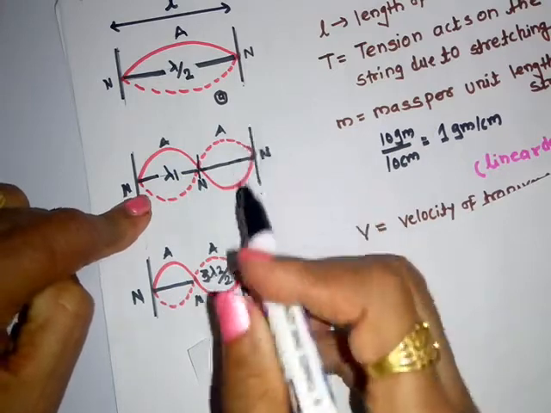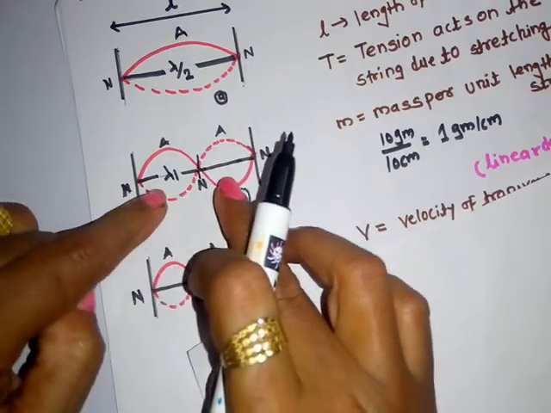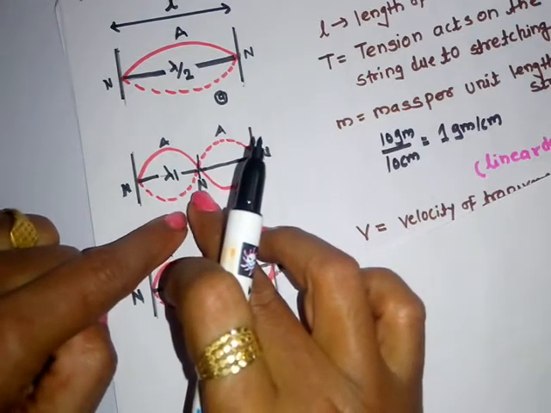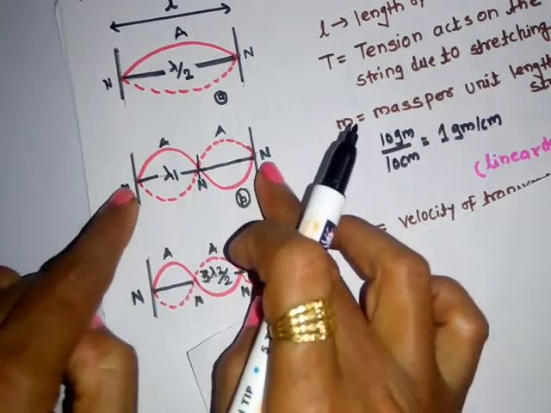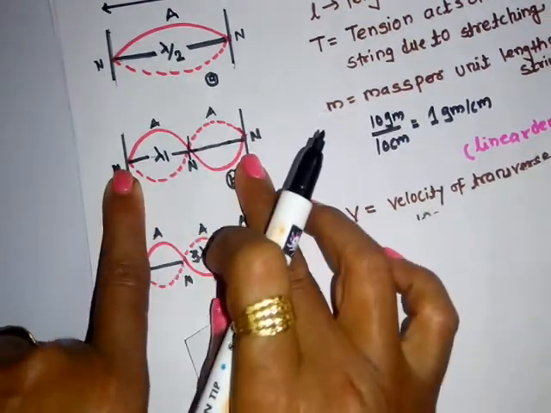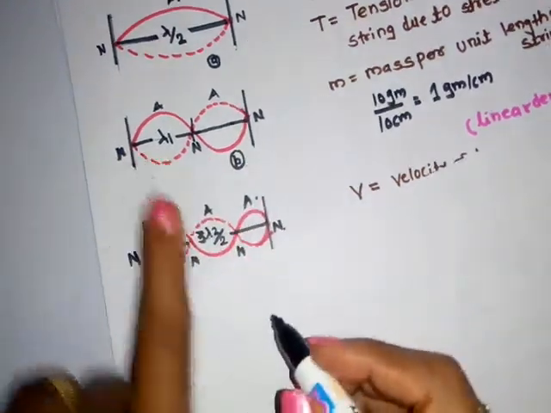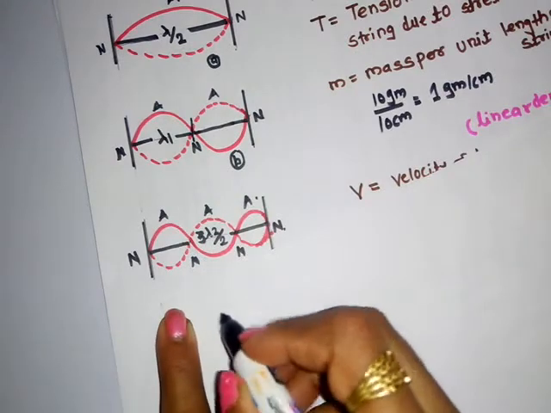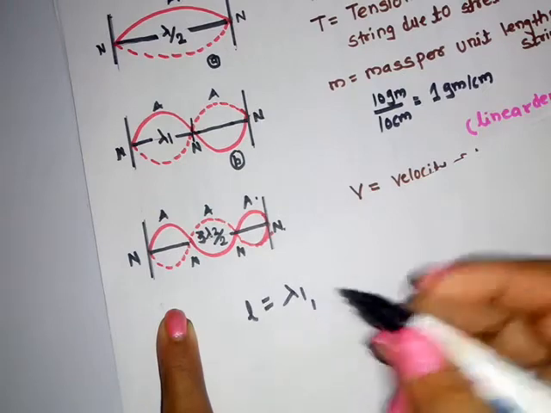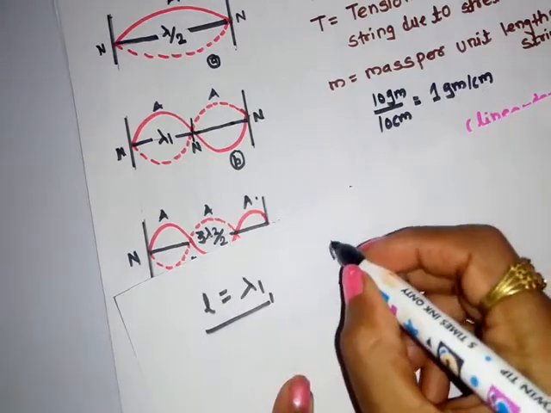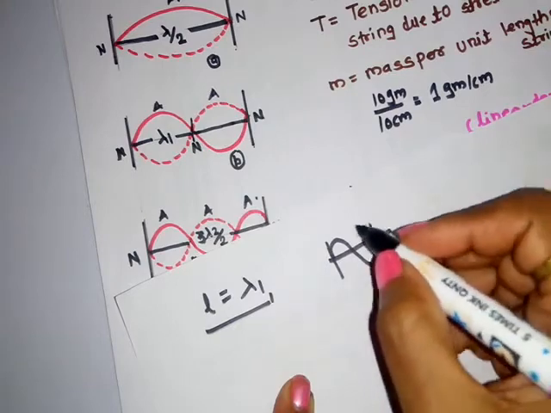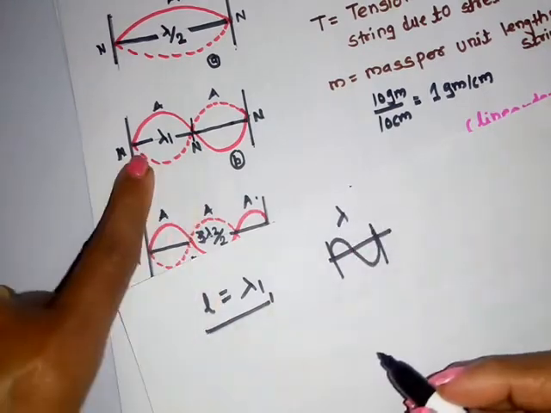Here is the formation of two loops in which the node is at the center and also at the two ends of the string. Then for this purpose, here the length of the string L is equal to lambda 1, because here is a complete one wave, and the wavelength for one wave is nothing but lambda.